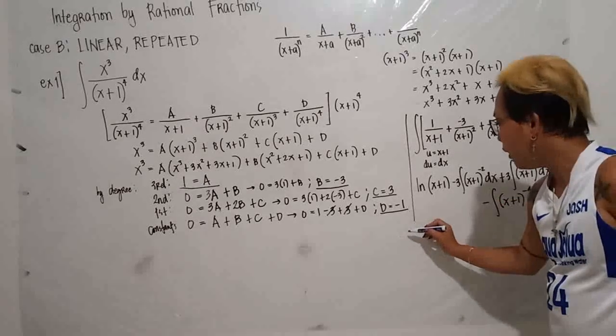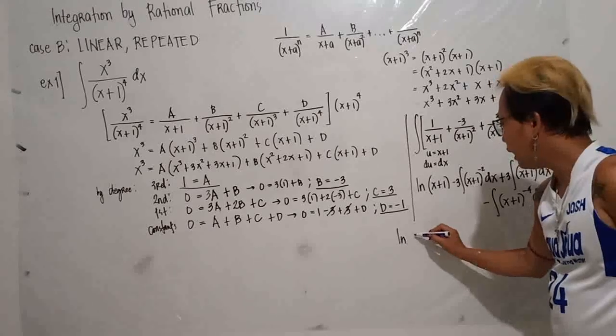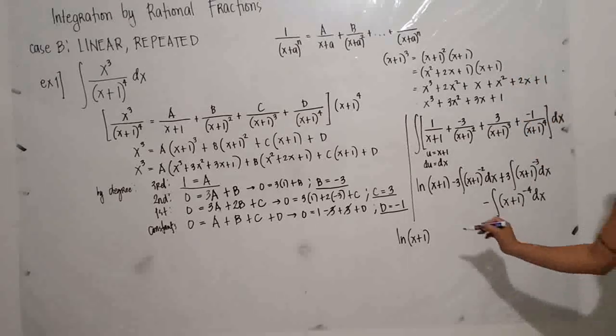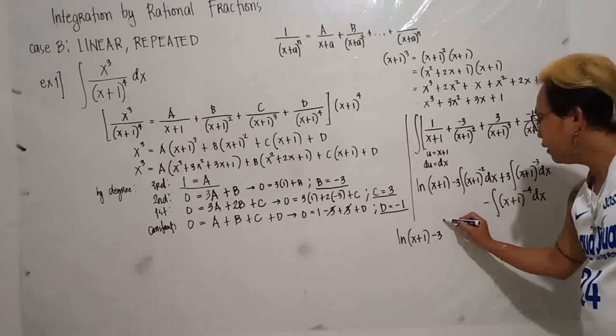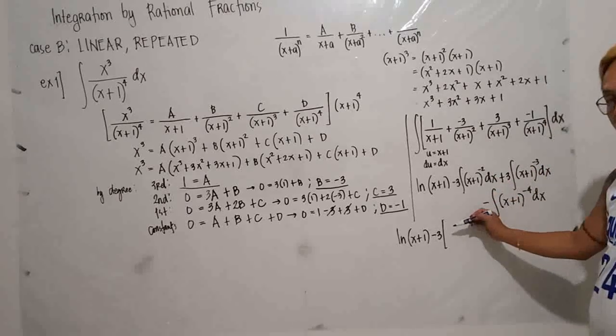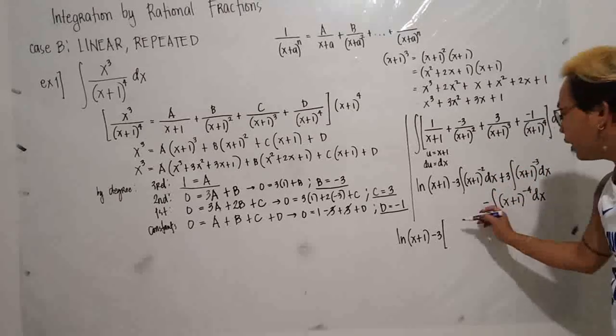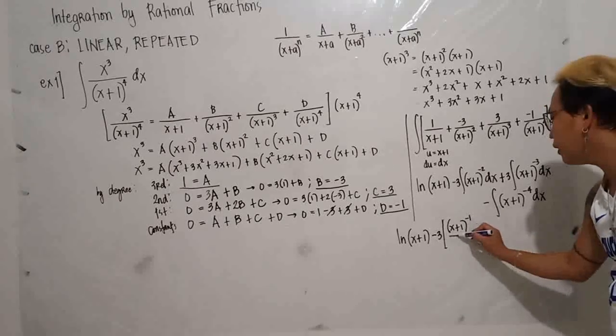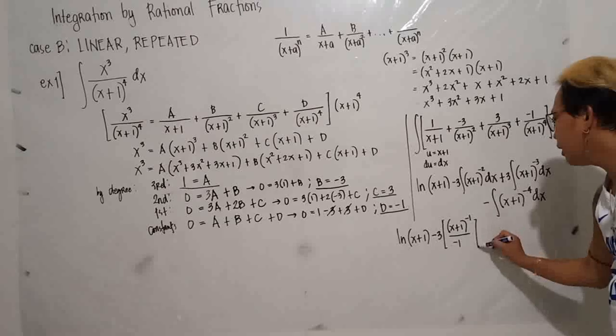So, we will now have ln of x plus 1 minus 3, then u raised to negative 1, since negative 2 plus 1 is negative 1. So, you will have x plus 1 raised to negative 1 over negative 1.